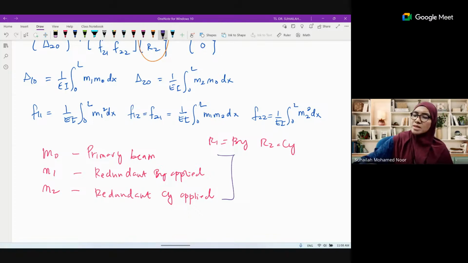Okay, to have the moment equation, what do we need to do before that? The step before the moment equation is the reaction.